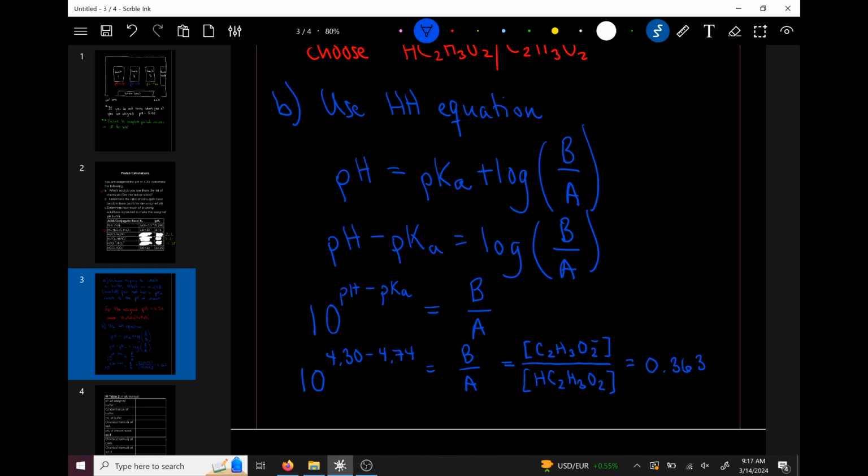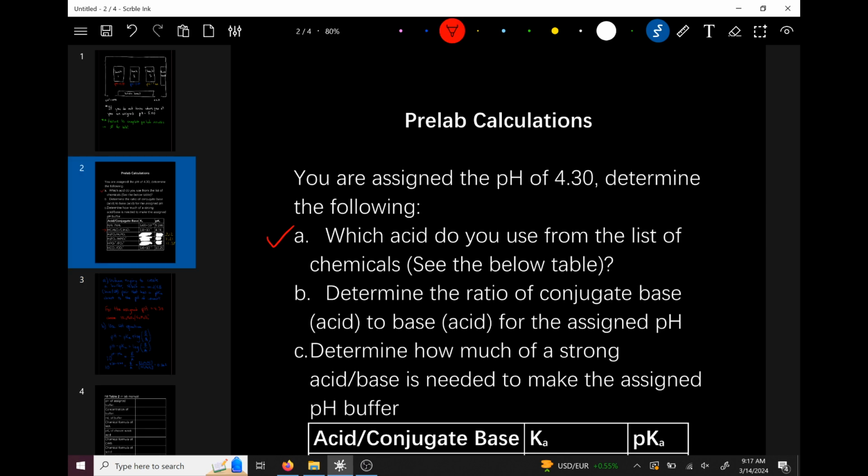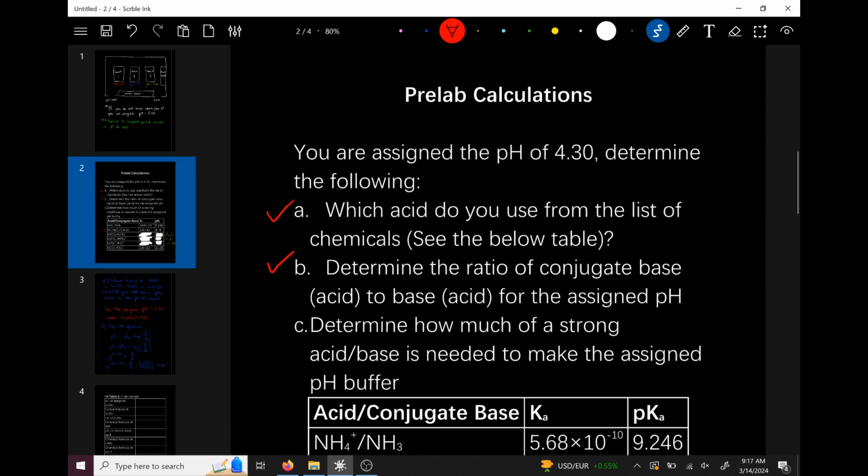To answer part C, let's go back here and put another check mark because we did part B. Part C is determine how much of a strong acid or base is needed. You need to add this to the buffer, or you need to add it to just the acid or the base to force it to become the pH that has been assigned to me. Determine how much of a strong acid or base is needed to make the assigned pH buffer.